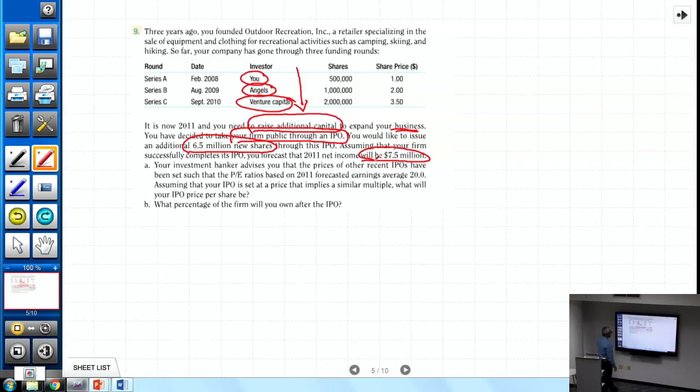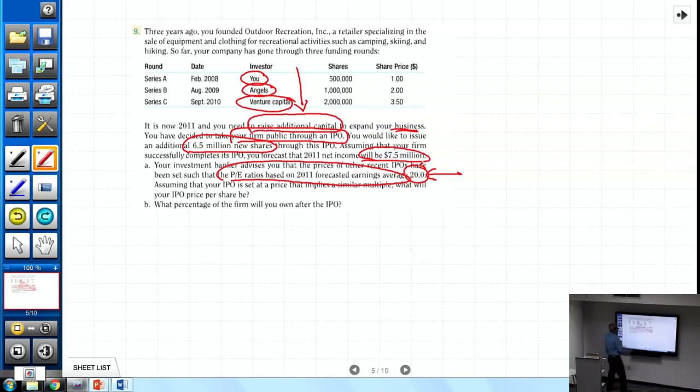Your investment banker advises that the prices of other recent IPOs have been set based on the average PE ratios of the industry. With the forecasted average for the industry, the average PE ratio is 20. Assuming that your IPO follows the multiple PE approach, what will be your IPO price per share?